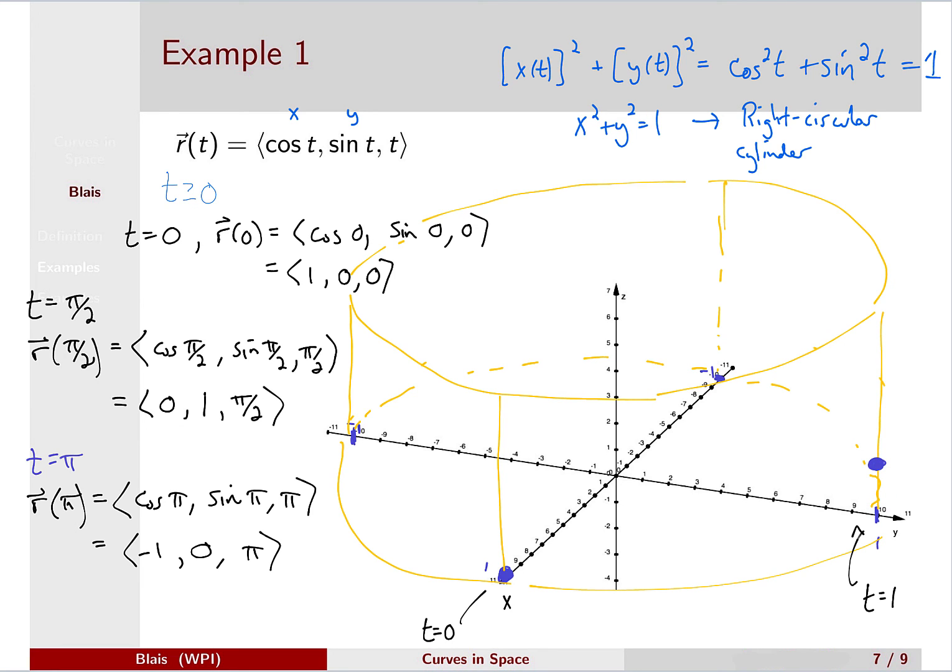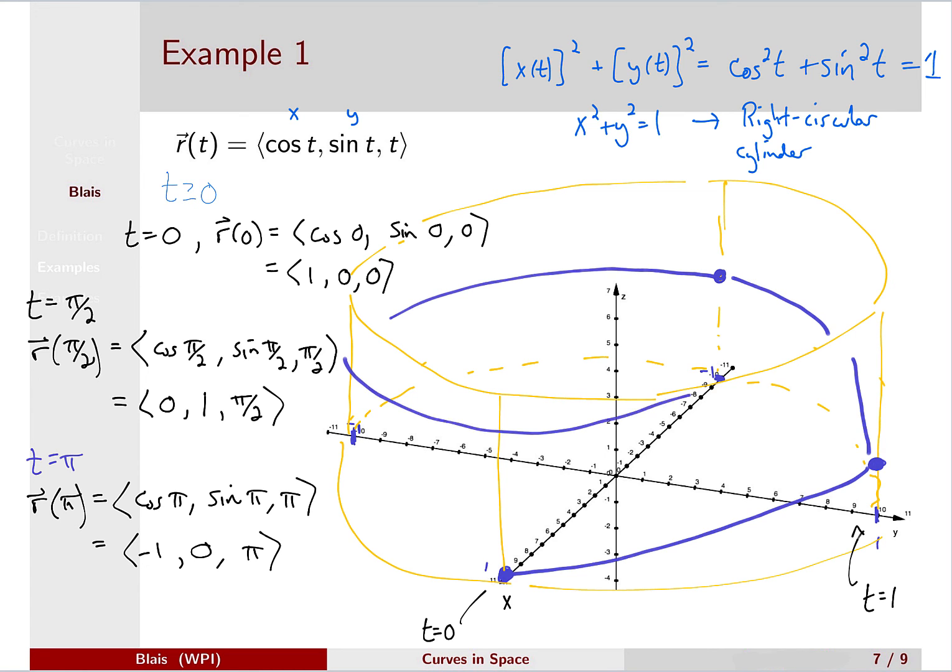So we are now at this height of pi. And so what's happening is this is moving above the unit circle in this counterclockwise fashion, but as it moves, it's getting higher and higher. And so what we actually have is a helix.